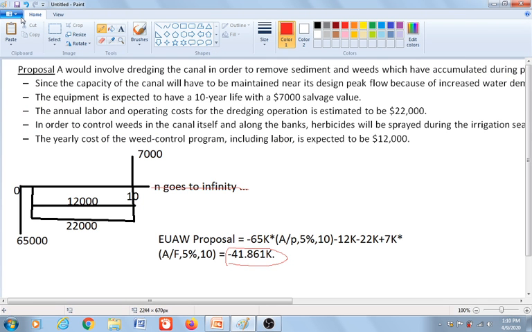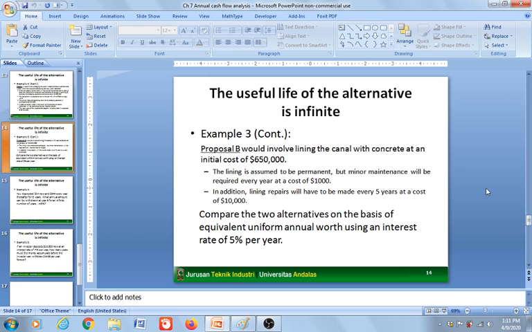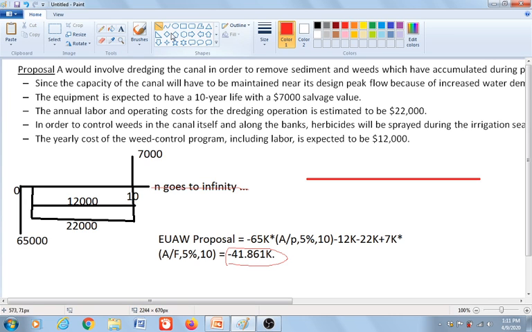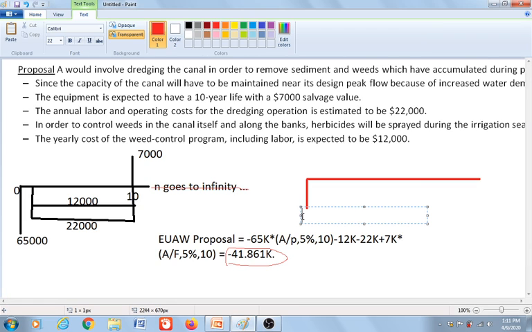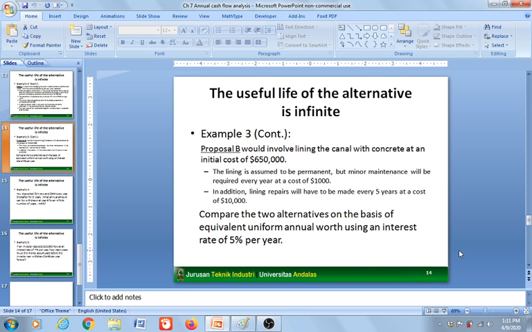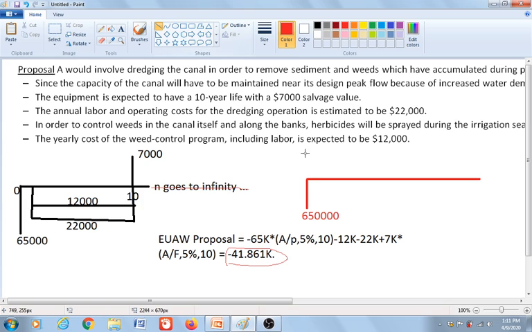So this is the cash flow diagram for B. Initial cost 650,000, and then every year a maintenance cost of 1,000.